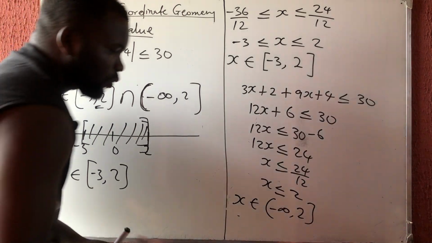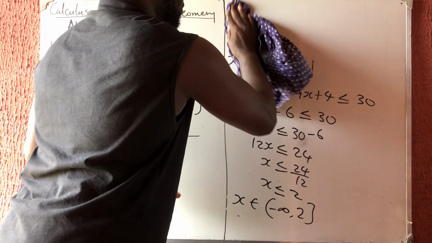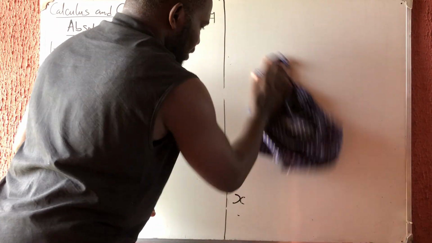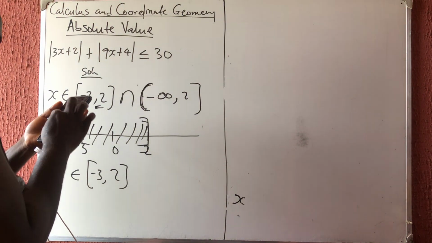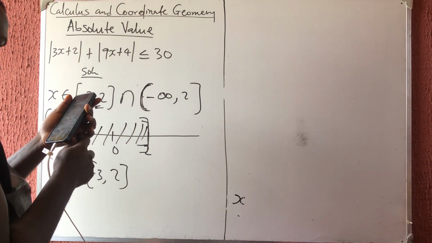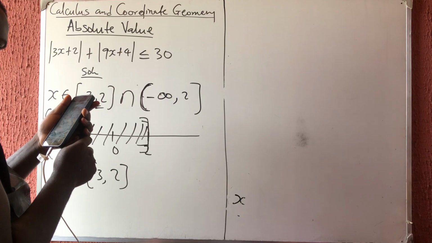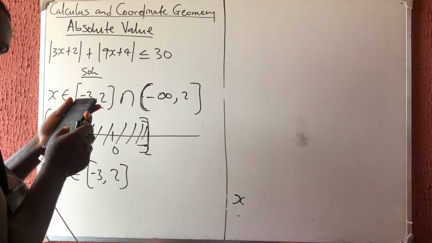So with this now, we can answer all the questions we are asked to answer, which is question number 44 to 49. Okay, so question number 44. Where is 44?